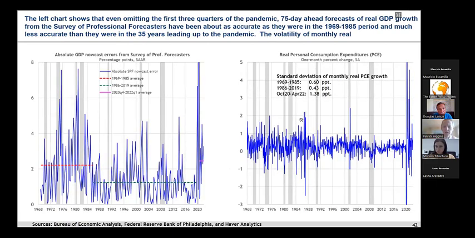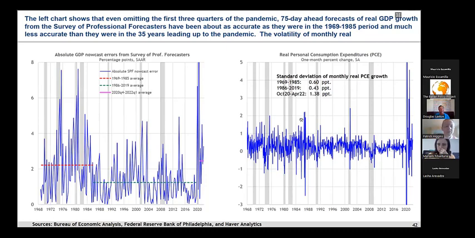On consumption, I think the big thing that changed during the pandemic is that consumer spending got a lot harder to forecast. In this chart, I'm showing the Survey of Professional Forecasters average errors for the first GDP estimate 75 days ahead. The red line is what happened prior to the Great Moderation, when volatility of data went down.